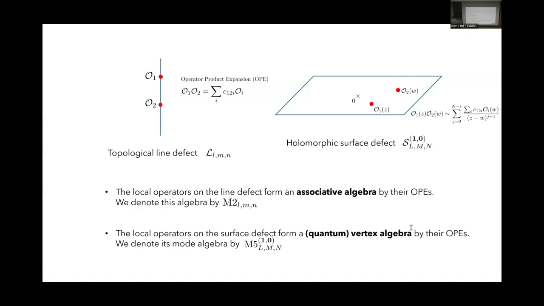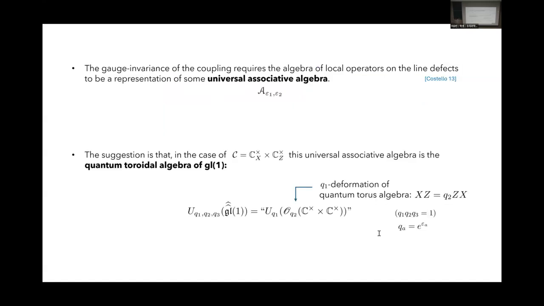So for the 5D Chern-Simons theory, we want to know how to classify and constrain these algebras. And there's a nice statement that these algebras always have to be the image of some universal algebra, which I denote by A, epsilon 1, epsilon 2.